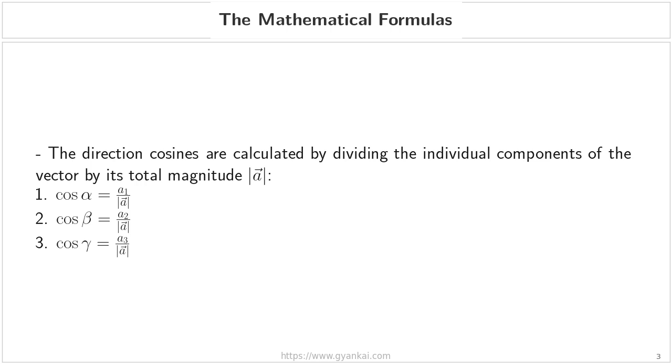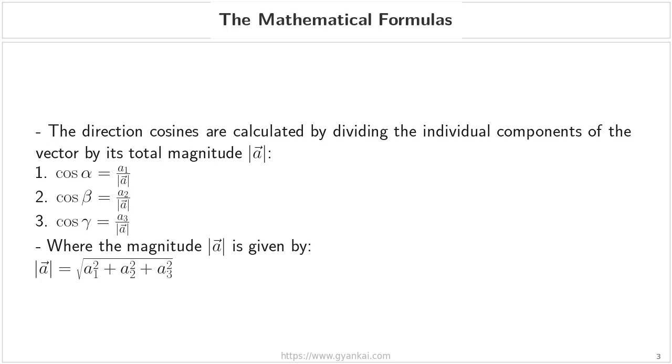Specifically, the cosine of alpha is equal to the first component, a sub 1, divided by the magnitude of A. Similarly, the cosine of beta is equal to the second component, a sub 2, divided by the magnitude of A, and the cosine of gamma is equal to the third component, a sub 3, divided by the magnitude of A.